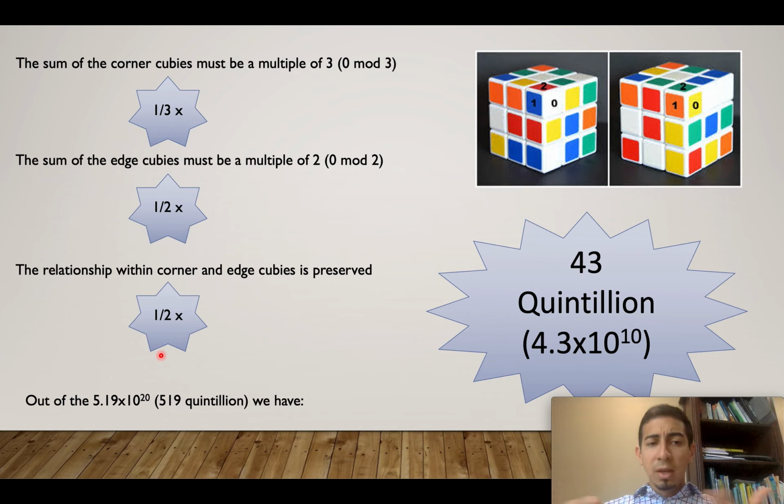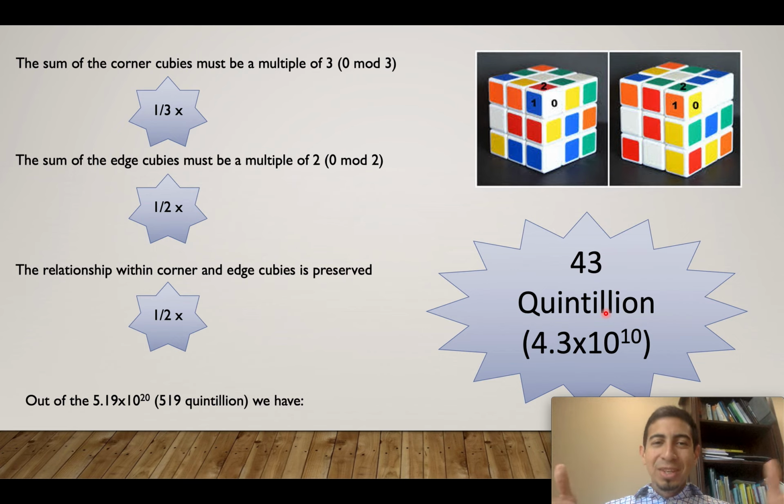So a third, a half, and a half, that's 1/12. About 1/12 of them can actually be solved. The other 11/12 of the configurations cannot be solved. So out of the 519 quintillion, only 43 quintillion are actually solvable.